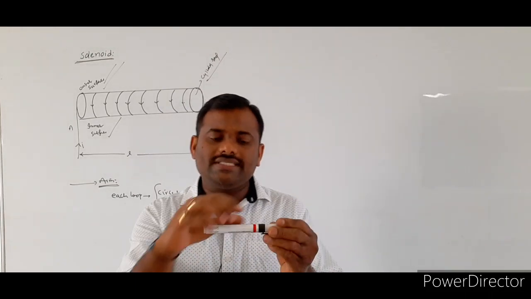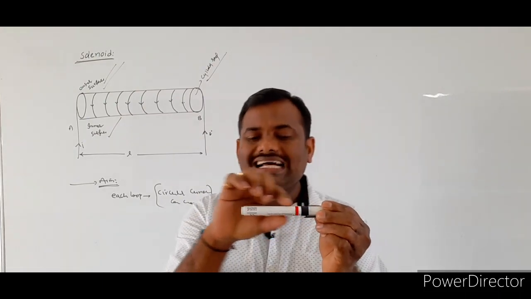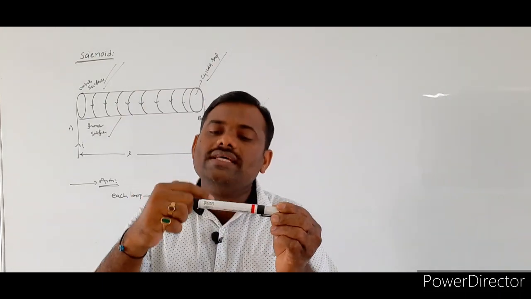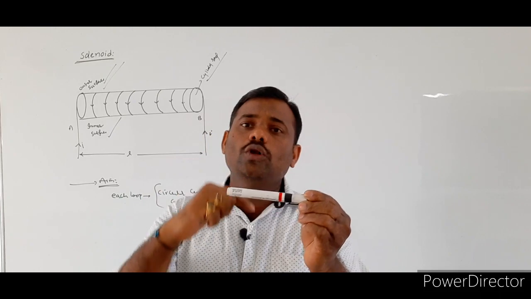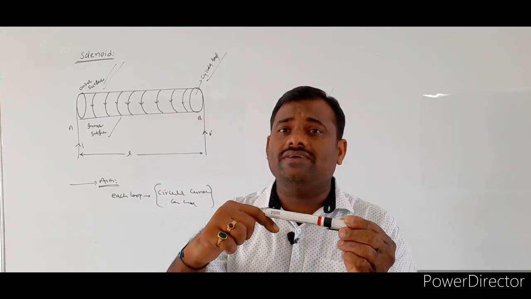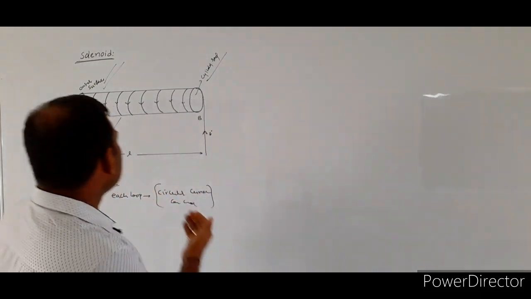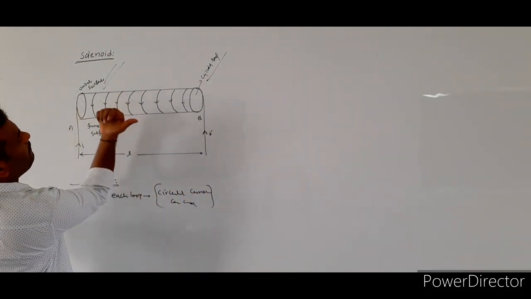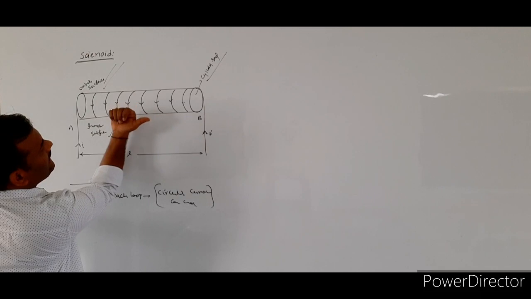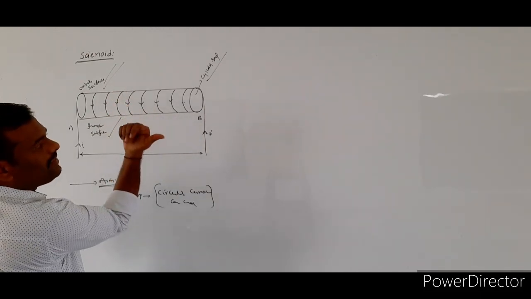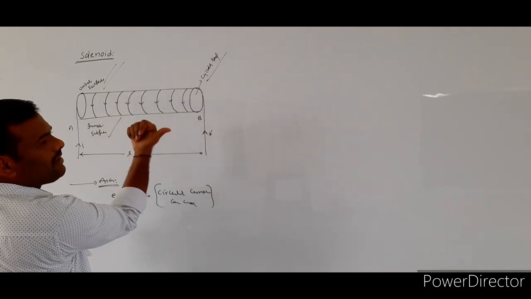So if you assume that this is a longer cylindrical rod, over this you are winding the current carrying conducting wire into so many number of loops. If you see here, the current will be coming inwards like this. So the current will be coming in the anti-clockwise direction.